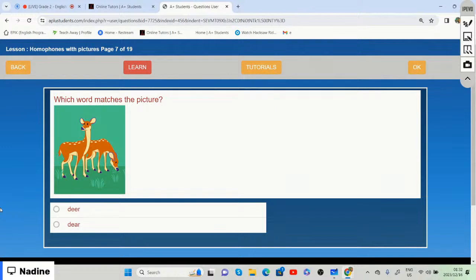I specifically made an example of the second one, which I said, my dear. Or it's like saying, dear diary. So dear. And if we choose the correct word, we'll choose the first option, which is dear.